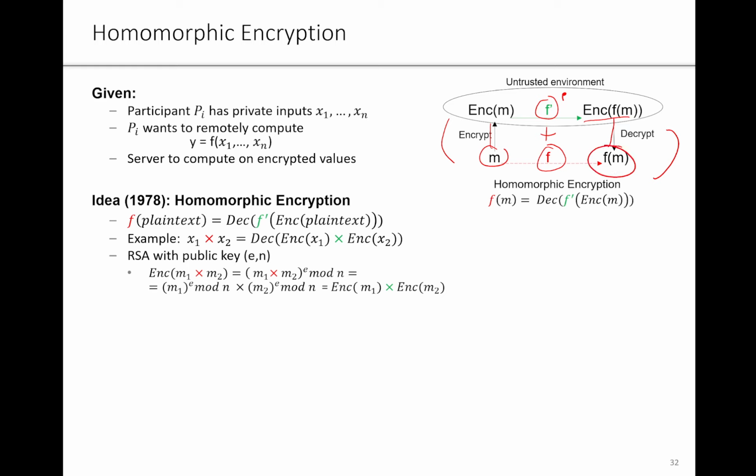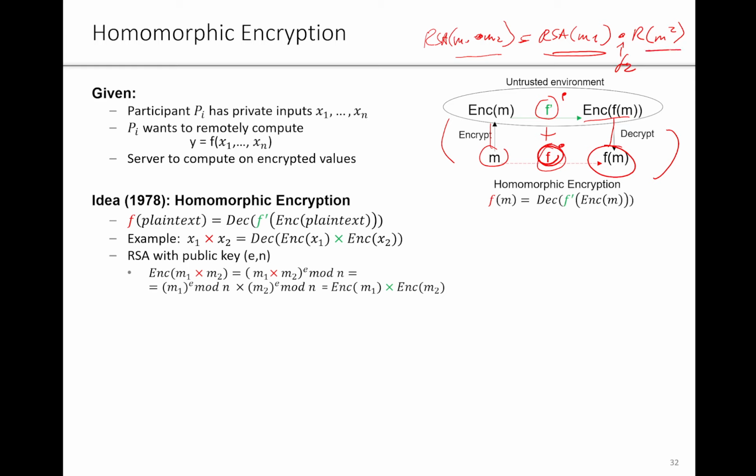That's the example that we had here with, let's say, RSA encrypted M1 times M2. If you want to compute the F, in this case the multiplication, this is now F2, the second operator.